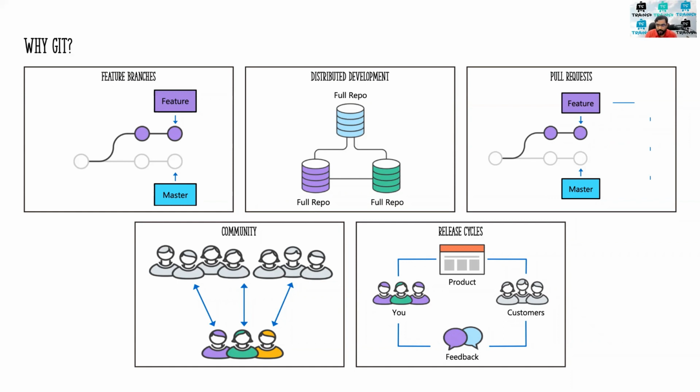And then after checking in your code to your local server through a commit, you do something called a push. When you push, you sync your local server code with the remote server code. And when you pull, you take the remote server code into your local server code.